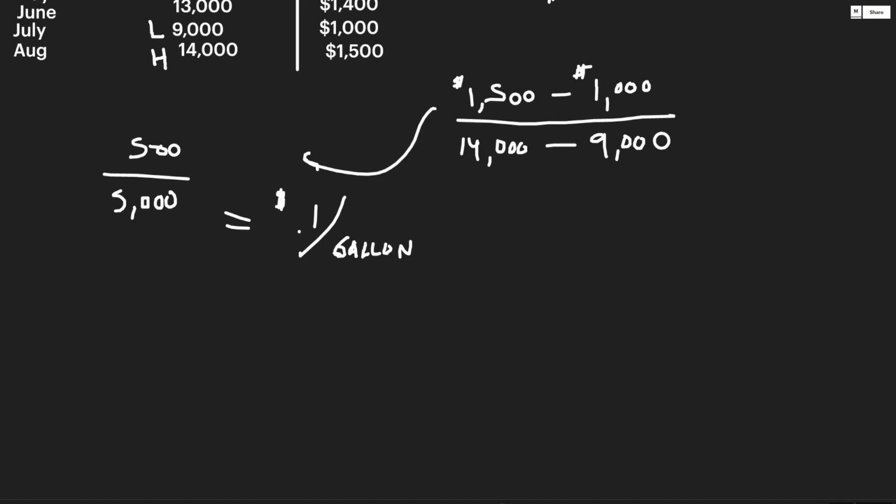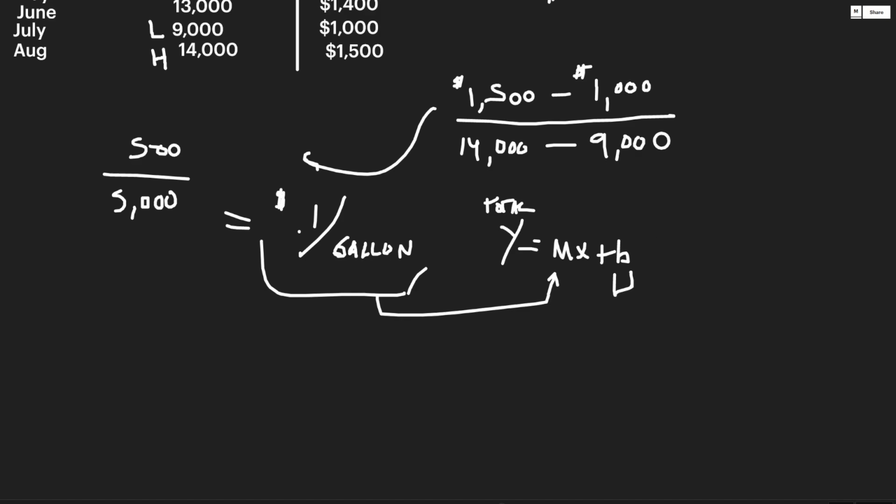So the equation that we're going to want to split this into is one that you've seen your entire life. It's y equals mx plus b. And what we've just found here is the variable portion. So it's that m right here. It's the slope of this equation. And the y here would be your total cost.